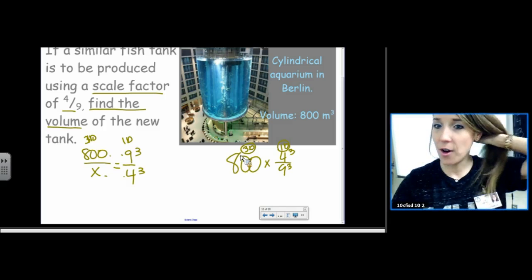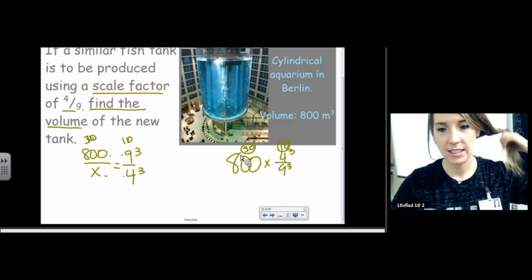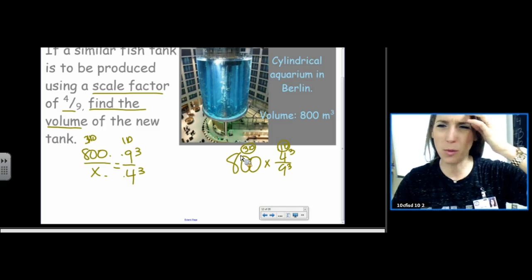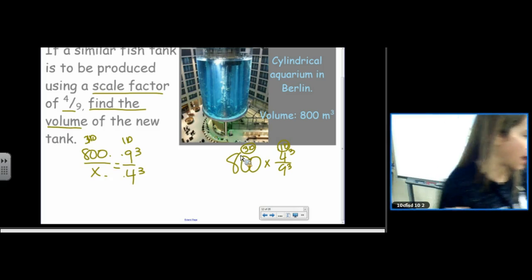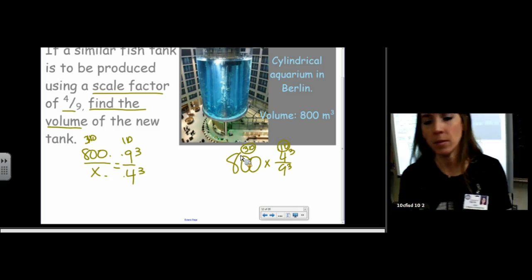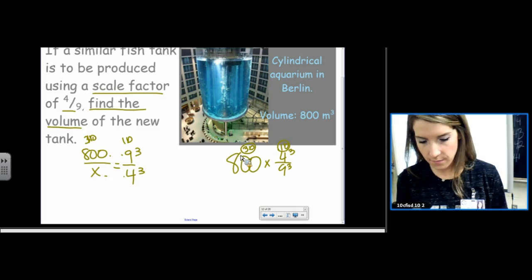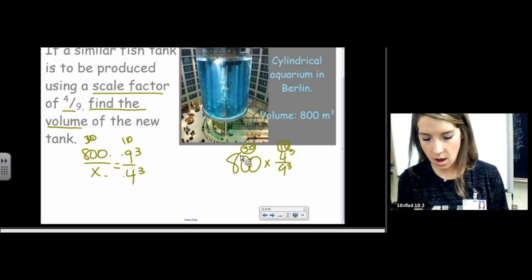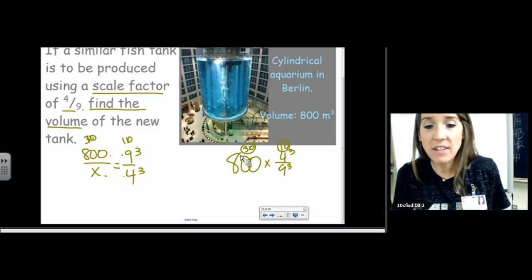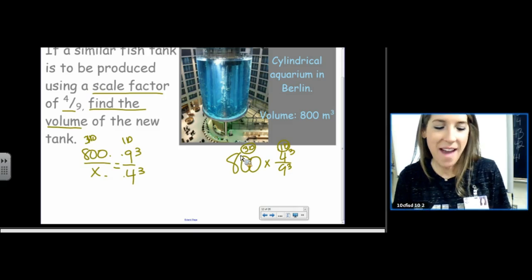Okay, so did you find it? Yeah, it's a real world problem. They don't always work out nicely. So 800 times 4/9 cubed. Enter.